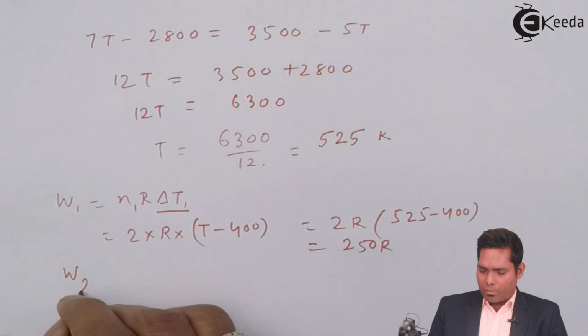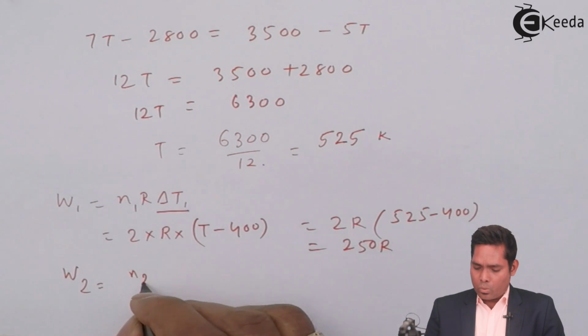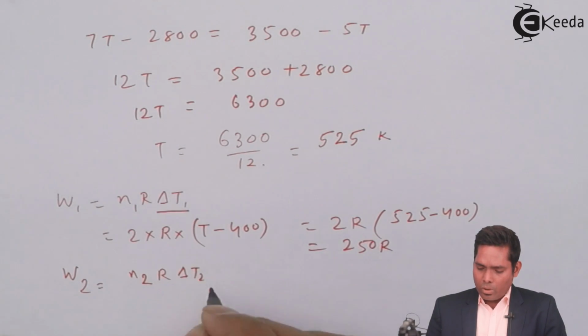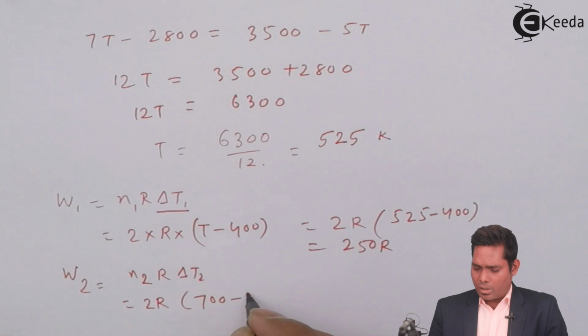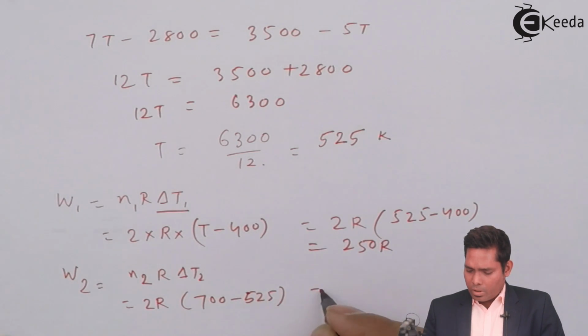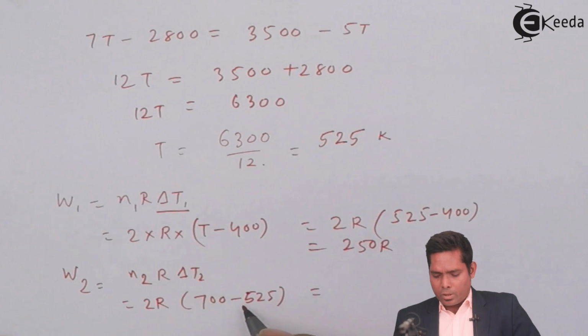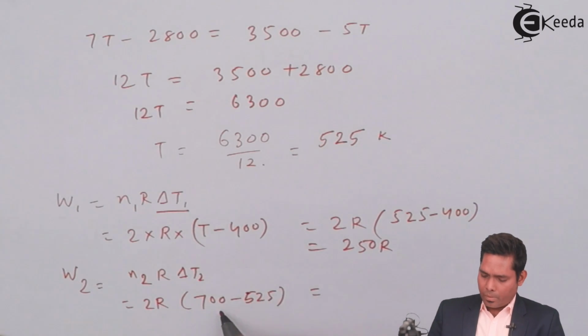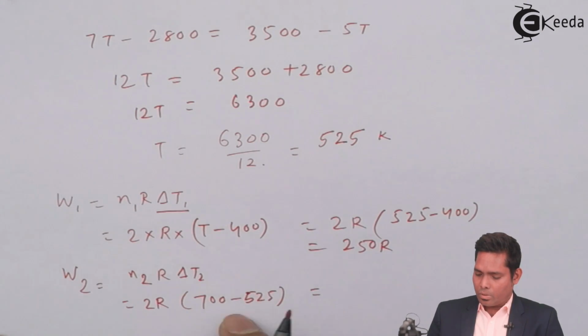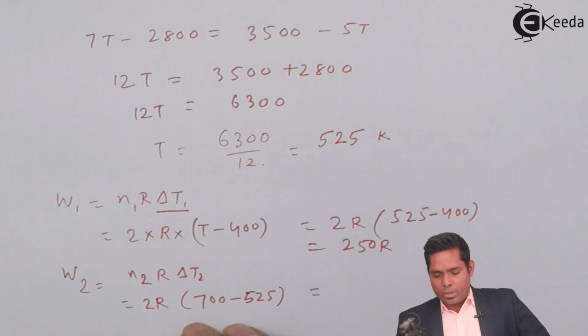In the second one, we'll have N2 R delta T2, which is 2R. Delta T is from 700 to T.